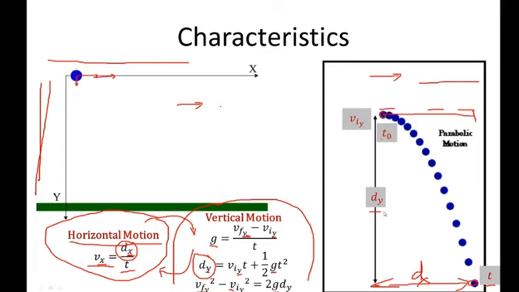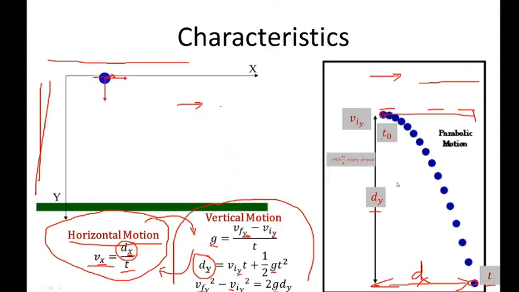And then initial velocity in the y, at time 0, is 0. So there is no motion when the time started. Again, initial velocity in the y is 0. And following the second characteristic of projectile motion, vertical motion is accelerating at 9.8 meters per second squared.